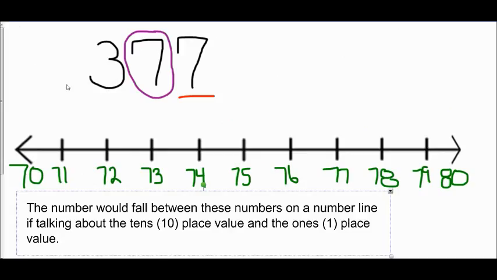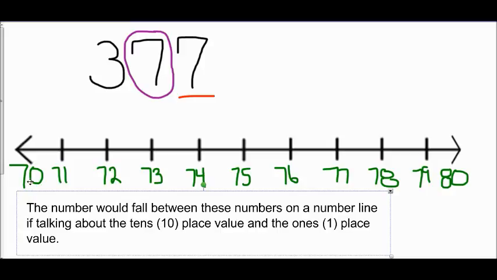So to understand the concept, you really have to break down this number and put it in terms of a number line to really explain what you're doing here. Right here we have the number 377. We know we want to round the tens place. We know we're going to use the ones place by circling and underlining it. But the number would fall between these numbers on a number line, if talking about the tens place value and the ones place value.